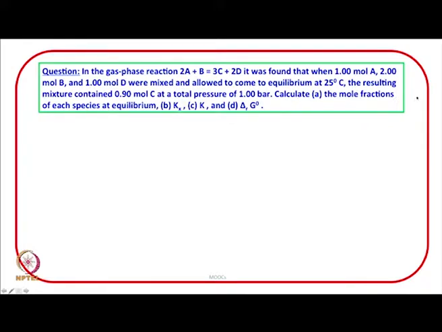Calculate the mole fractions of each species at equilibrium, the value of Kx, the value of K and delta Rg naught.